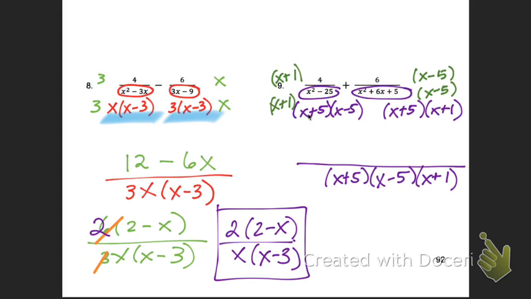So then the top gives me 4x plus 4. I'm going to go ahead and multiply this out. Plus 6x minus 30.